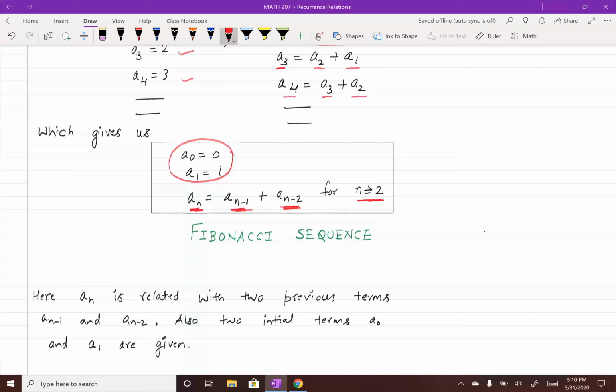Now you can generalize this concept: if a of n is related with k previous terms, then you require k initial terms, and through those k initial terms as well as the rule establishing a relationship between the nth term and the k previous terms, you can generate the sequence.